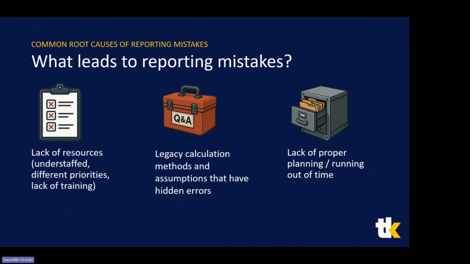TRI reporting is very comprehensive, and so it is common for you to want to get through all of the other reporting that happens in the front part of the year, like Tier 2 or your emissions reporting, and then you go to start TRI reporting and realize that there is a lot more there than you maybe had time for, and that type of rushing while reporting does lead to missing information.